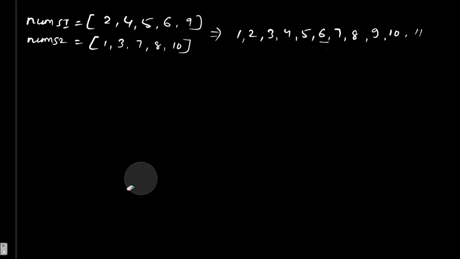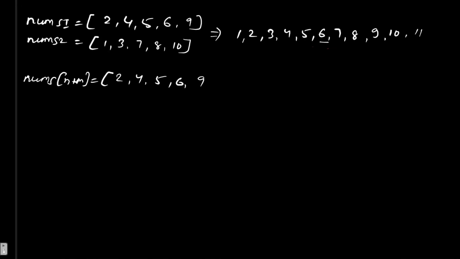Okay, so how can we solve this problem? The very naive solution is to store all elements in an array. For that we have to create a nums array, let's say, of size n plus m, and in this array we store all the elements 2 4 5 6 9 1 3 7 8 10.